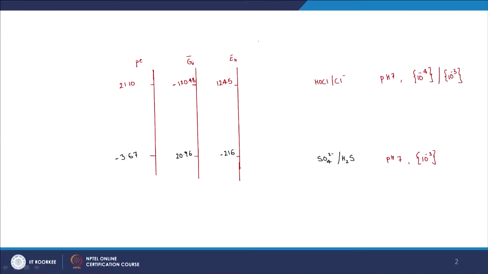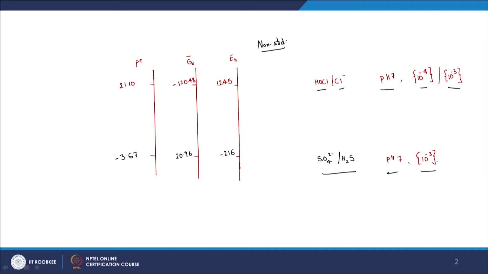So let's look at the example that we had earlier. This was the example at non-standard conditions. The non-standard conditions were at pH 7, and the activities of HOCl and Cl- were respectively 10^-4 and 10^-3, but for the couple of SO4 2- and H2S, they are 10^-3.